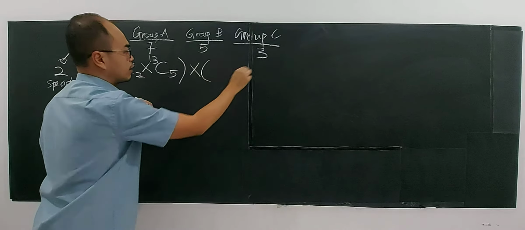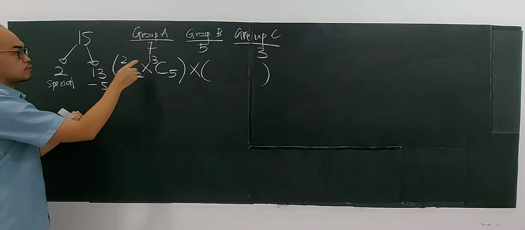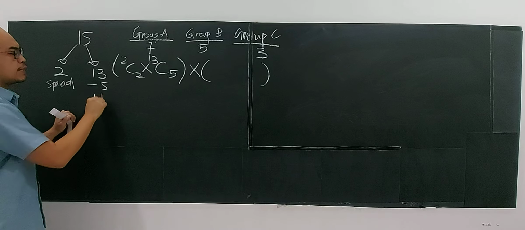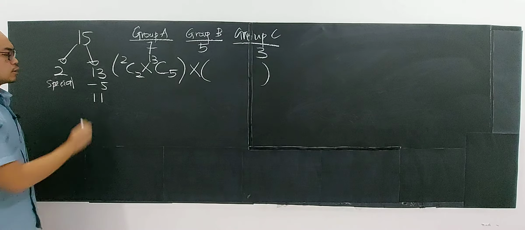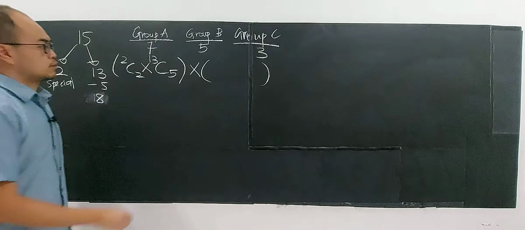At the same time, for group B, minus 5 because 5 are already in group A, so we still have 8.